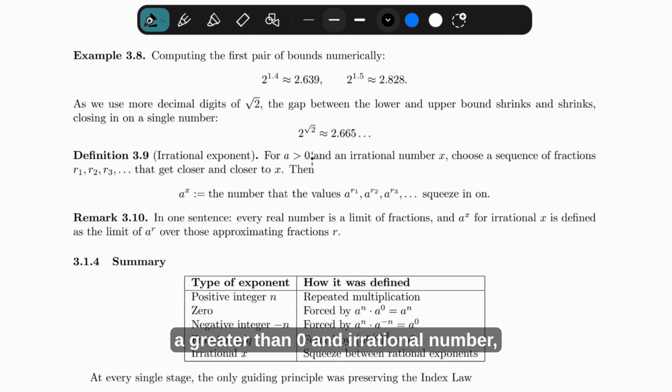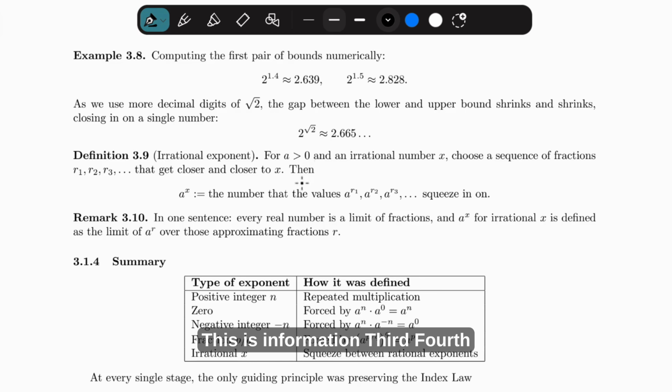Irrational exponents: take a greater than 0 and an irrational number x. Choose a sequence of fractions r1, r2, r3 that get closer to x. Then a to the x is defined as the number that a to the power r1, a to the power r2, a to the power r3 squeeze in on.